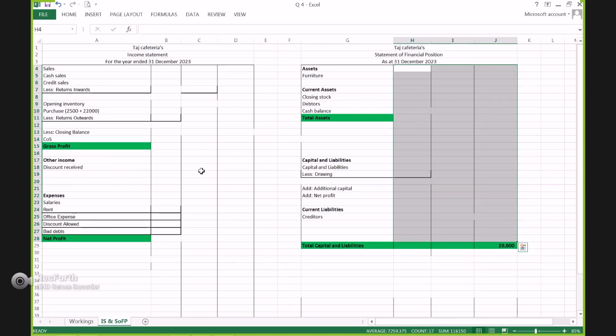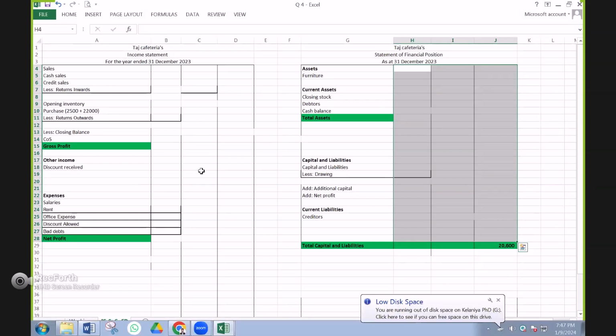So you have to draw the income statement of Taj Cafeteria and the statement of financial position of Taj Cafeteria.